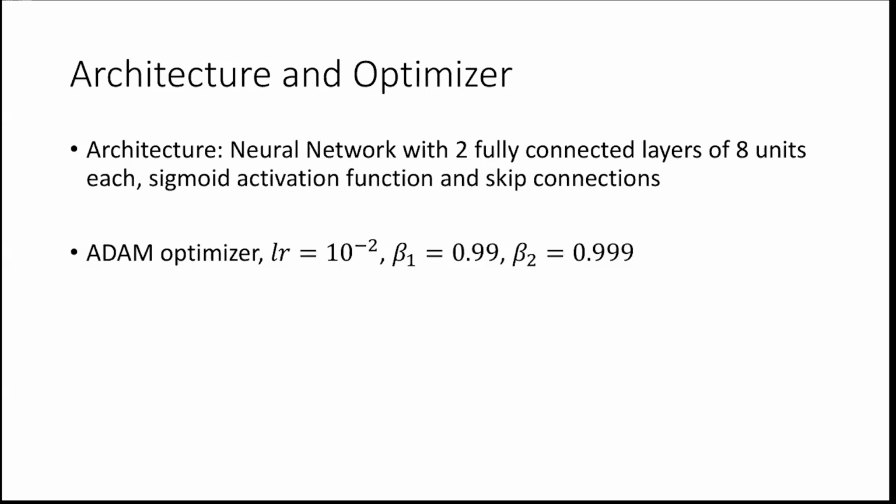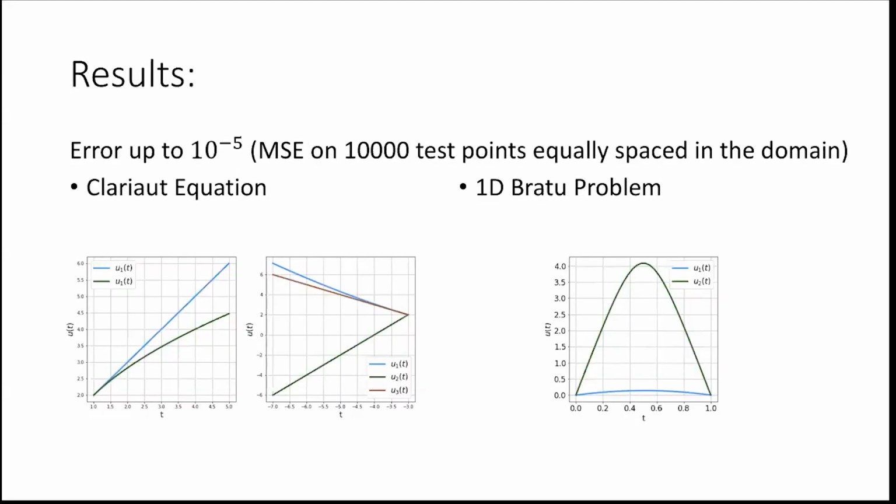Okay, so the architecture that we picked for these experiments is 2 fully connected layers with 8 units per layer, sigmoid activation function, also with skip connections, because we tested and it was easier to find the solution and the training was faster, let's say, and with the Adam optimizer with almost default hyperparameters. And the results are those.